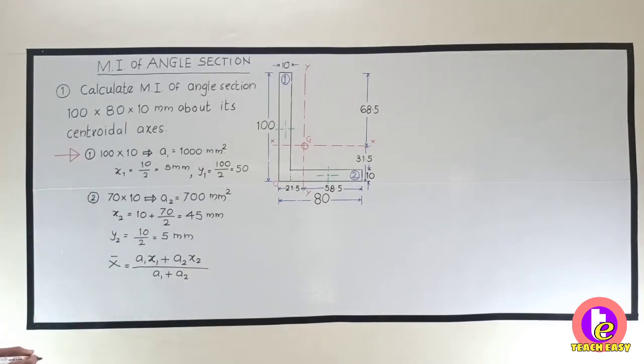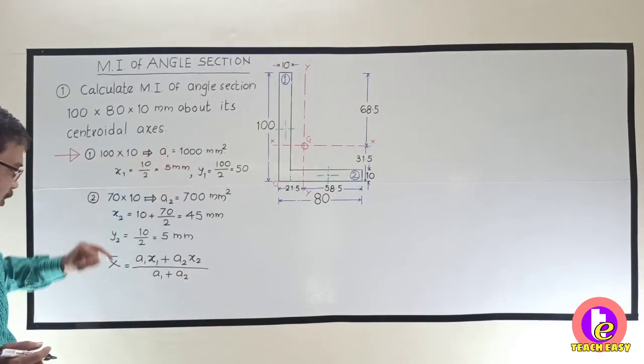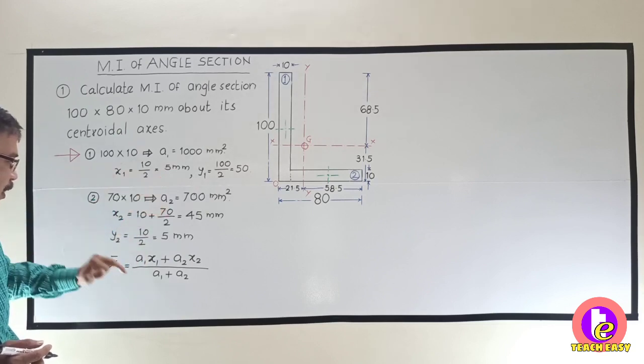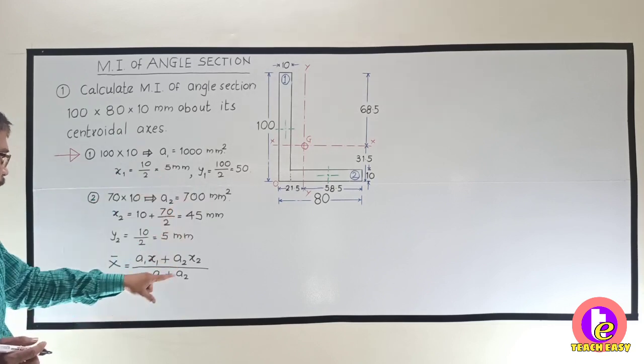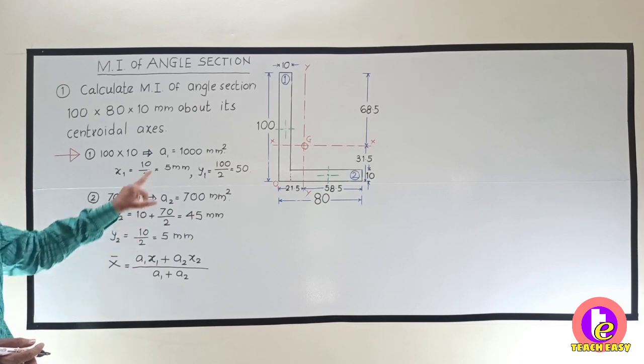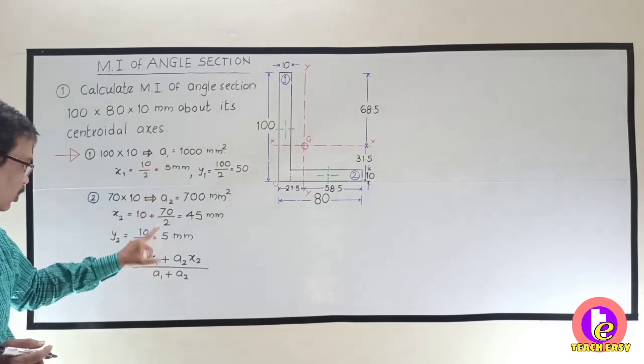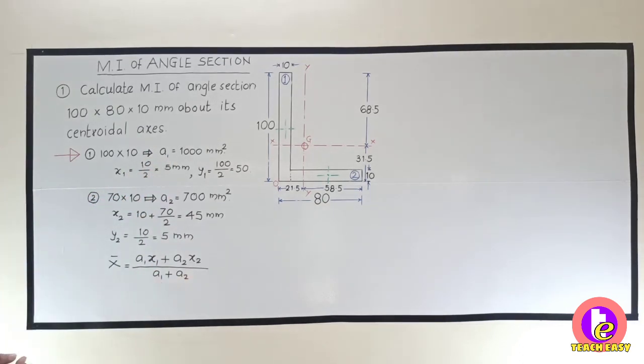You will substitute the values of A1 as 1000, x1 as 5, A2 as 700, x2 as 45, and 1000 plus 700, that will be A1 plus A2.